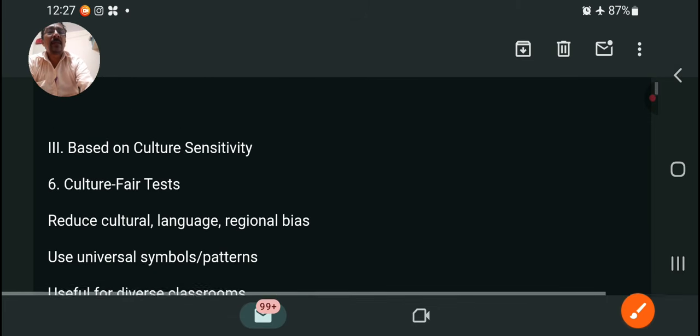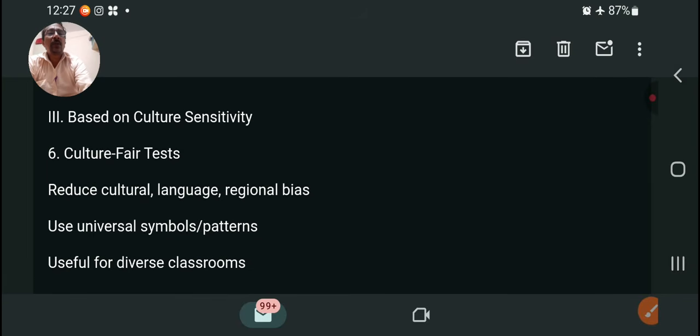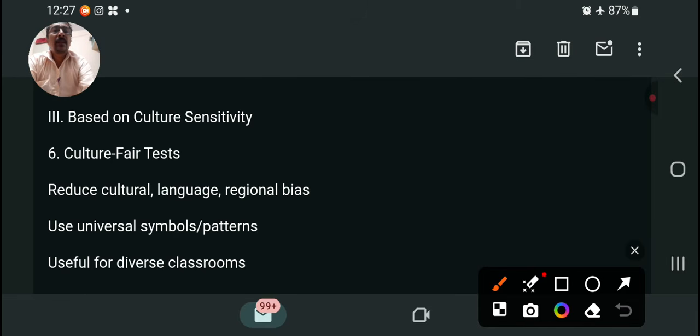Then third category, based on cultural sensitivity. Sixth type, culture fair test. It reduces cultural, language, and regional bias.